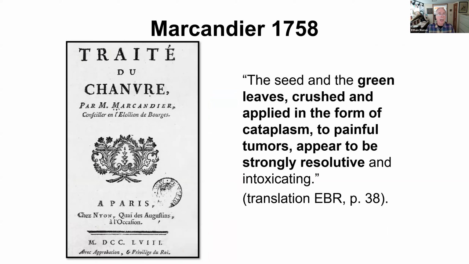Keep in mind that this would have been European hemp, which would have had cannabidiol if it was heated, but cannabidiolic acid if not. To quote, "The seed and the green leaves crushed and applied in the form of cataplasm to painful tumors appears to be strongly resolutive and intoxicating."